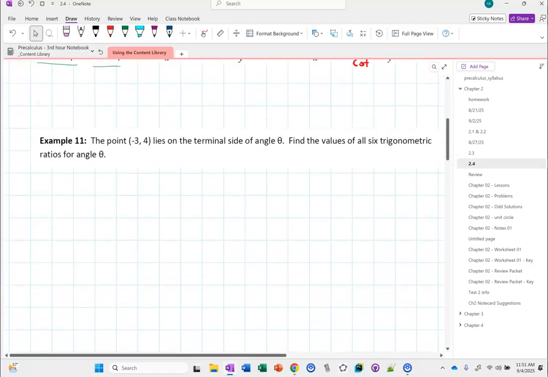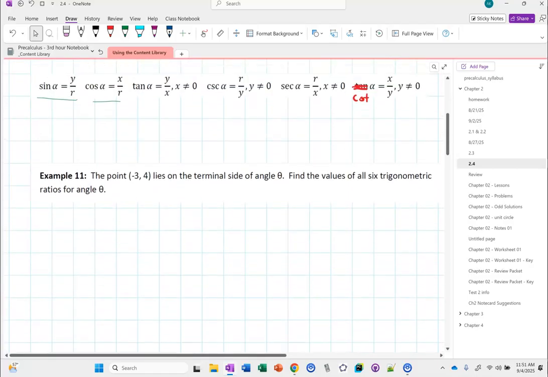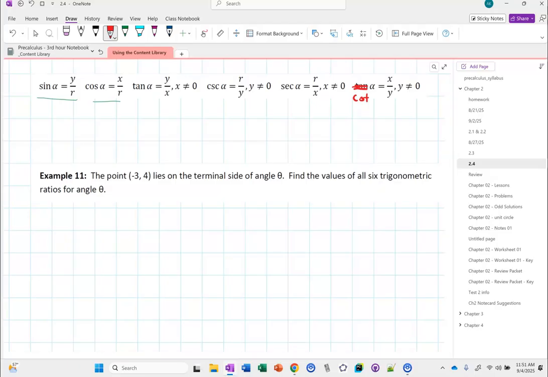So let's do an example. It says the point negative 3, 4 lies on the terminal side of angle theta. Find the values of all 6 trigonometric ratios for angle theta. So again, to do that, I'm just using these values for those formulas.